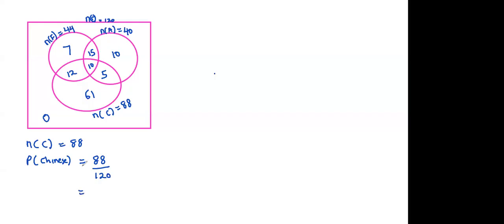So 88 divided by 120 gives you 11 out of 15. But since it was given in percentage, you are going to multiply this by 100. And when you multiply it times 100, you end up getting 73.33%.